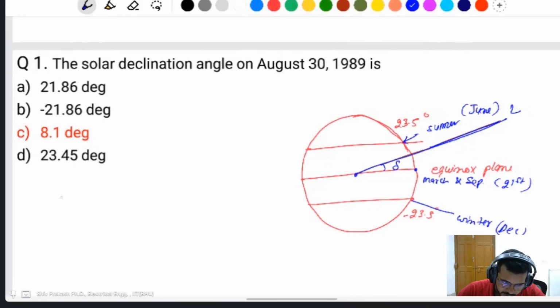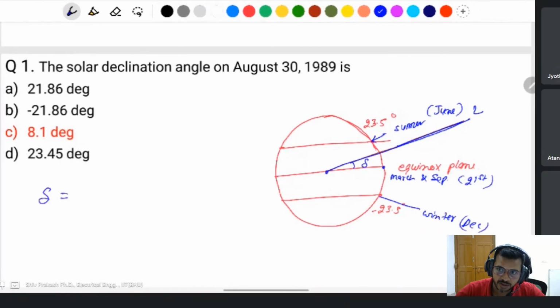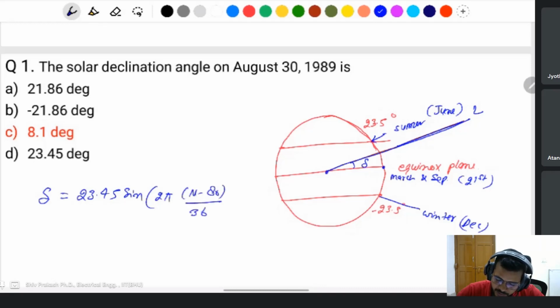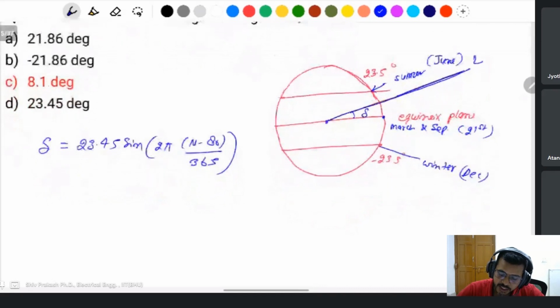It will be calculated by a formula. It is 23.45 sine of 2 pi into n minus 80 divided by 365, where n is the number of the day.